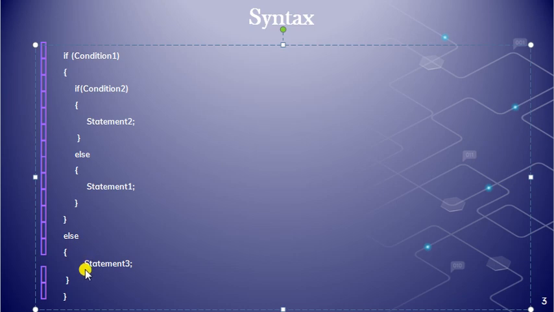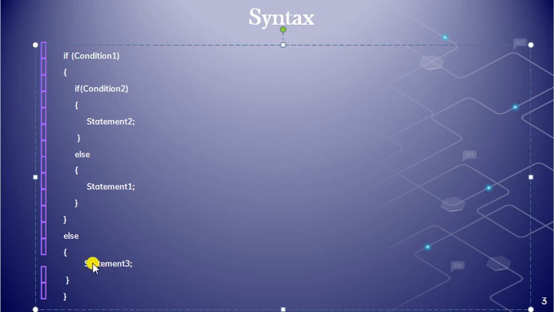So you know that an if statement within another if statement is known as a nested if statement. Also in the else part we can include an if statement. If we want to check another condition within the else statement, we can include it here: if condition 3, then statement 3, else if condition 4, then statement 4, like that.